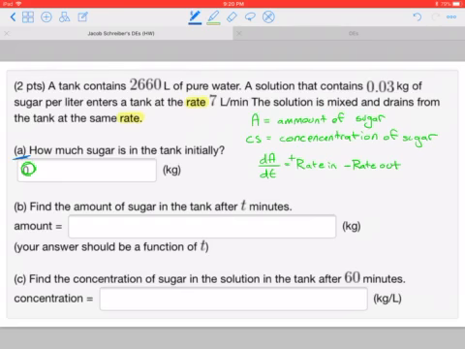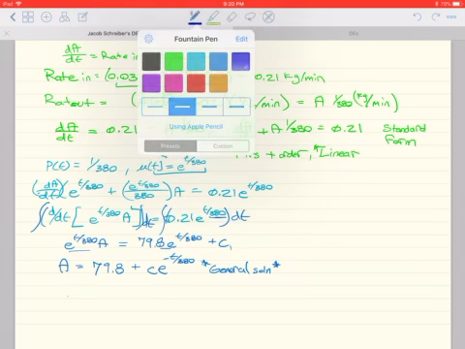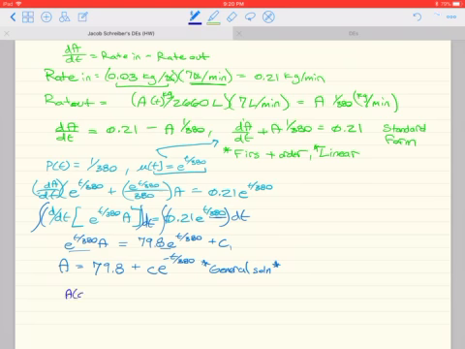All right, now to solve for our particular solution, it's not given to you right slap in the face. You have to do a little digging. And based on this problem, we know that initially, our initial condition, there are 0 kilograms of sugar in here. So we know that A of 0, at this initial time, is 0 kilograms. So we're actually going to use that to solve for our particular solution. A of 0 equals 0, and that's our initial condition.